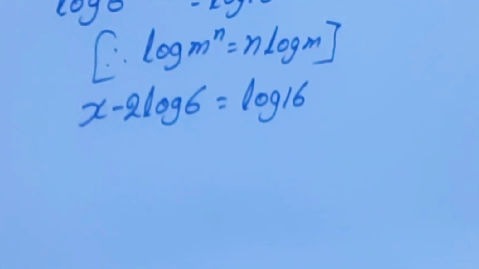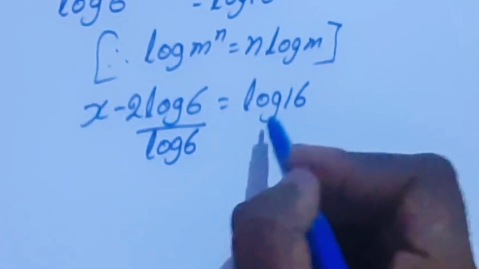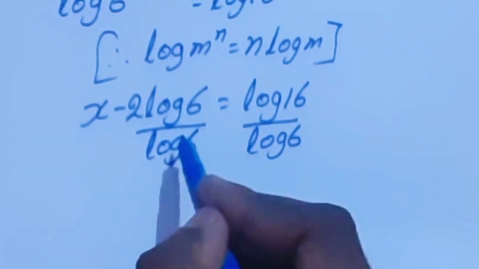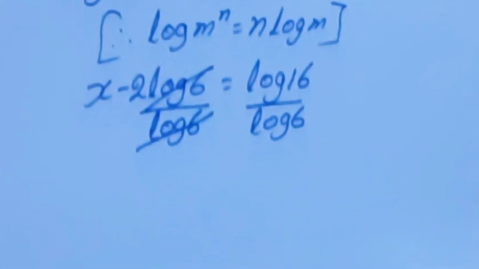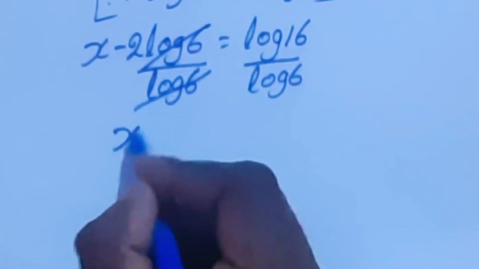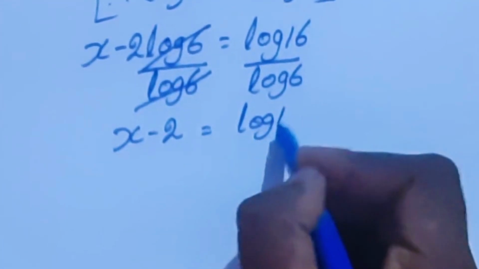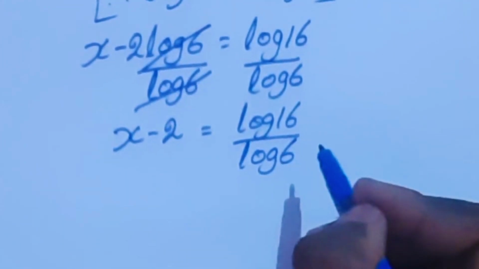Now here we are going to divide by log 6 on both sides. Here right hand side log 6. Now this log 6 cancels this log 6. Here we have x minus 2 equal to log 16 by log 6.